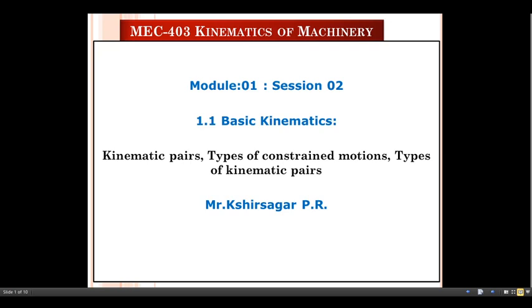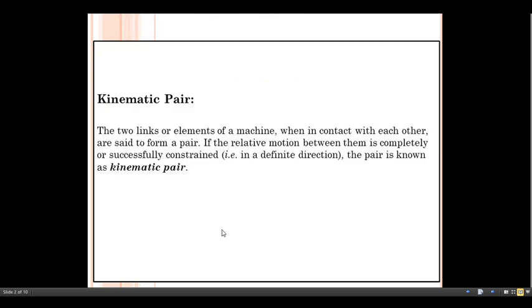In this session, we'll learn about kinematic pairs, types of constrained motions, and types of kinematic pairs. So let's start. What is a kinematic pair?